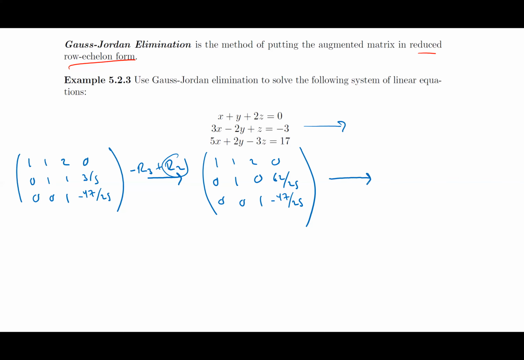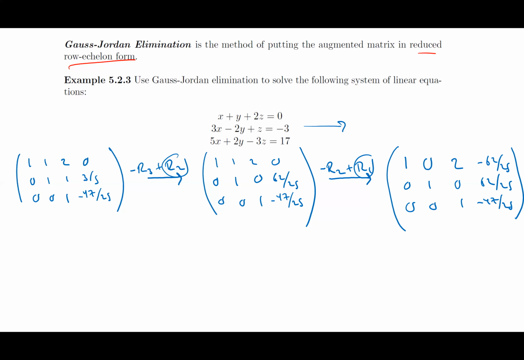So for row 1, I'm going to take negative row 2 plus row 1, and that will give me 1, 0, and then 2, negative 62/25. Must be getting excited because my handwriting's getting larger here. Must be getting close to the end here. Calm down there, buddy. Okay.